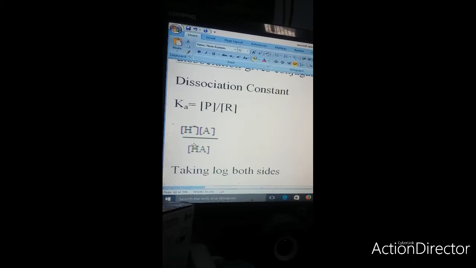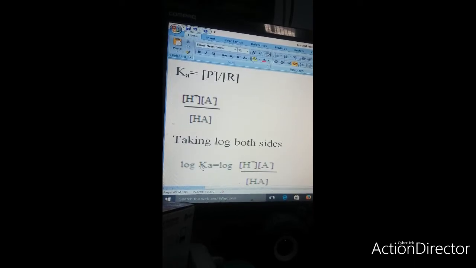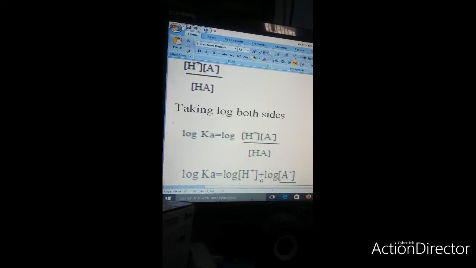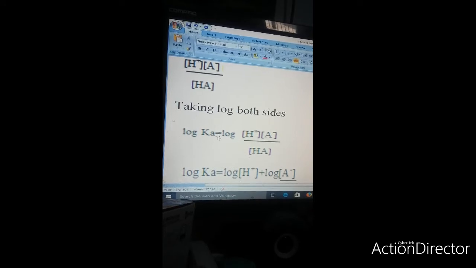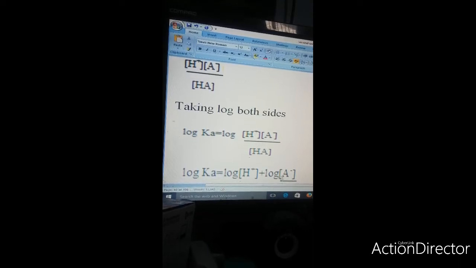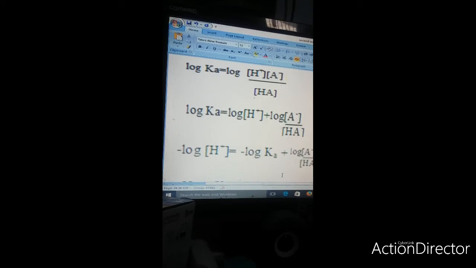Now taking log on both sides, log of Ka is equal to log of H plus times A negative upon HA. Now we will just do a rearrangement. Log of Ka is equal to log of H plus, plus log of A negative upon HA. Or you can change the sides, because pH is the negative log of hydrogen ion concentration.